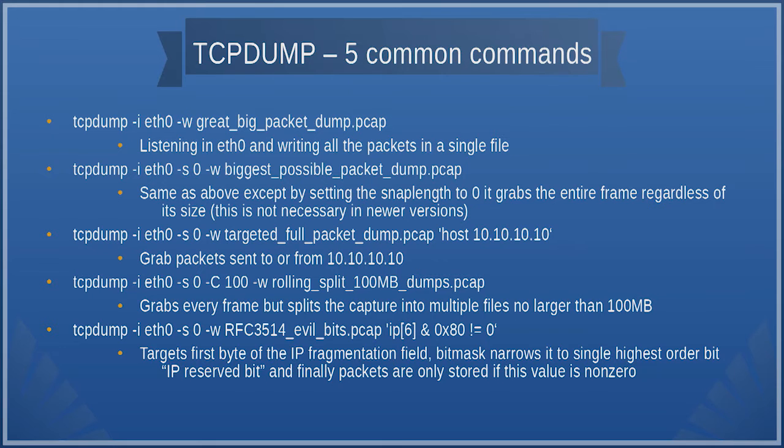Similarly, suppose I just want to grab all the packets sent to or from 10.10.10.10, then I say tcpdump -i, which is the interface, then host 10.10.10.10, you capture all those packets and then write them into targeted_full_packet_dump.pcap, etc. In this way you can use TCPDUMP and capture all the packets, and remember this is a kind of live dump that we are doing right now.